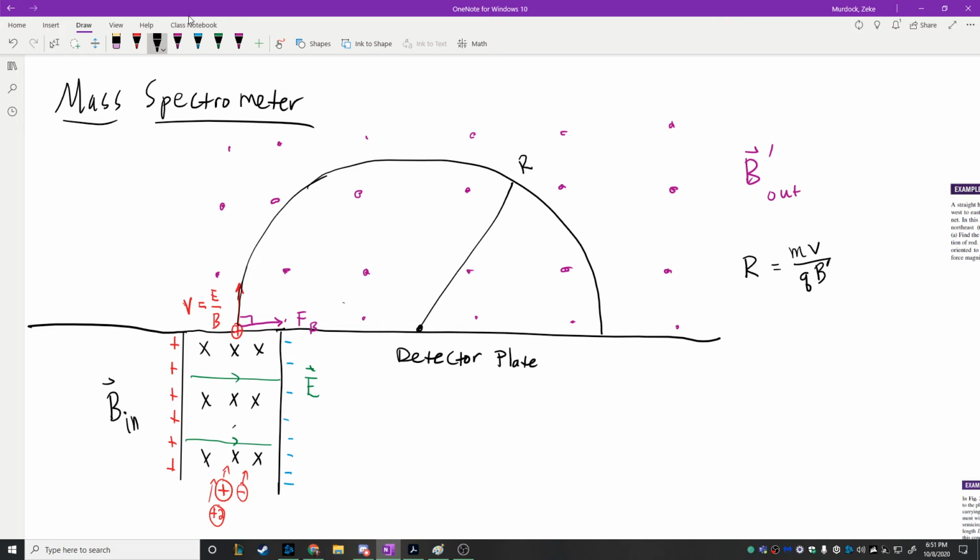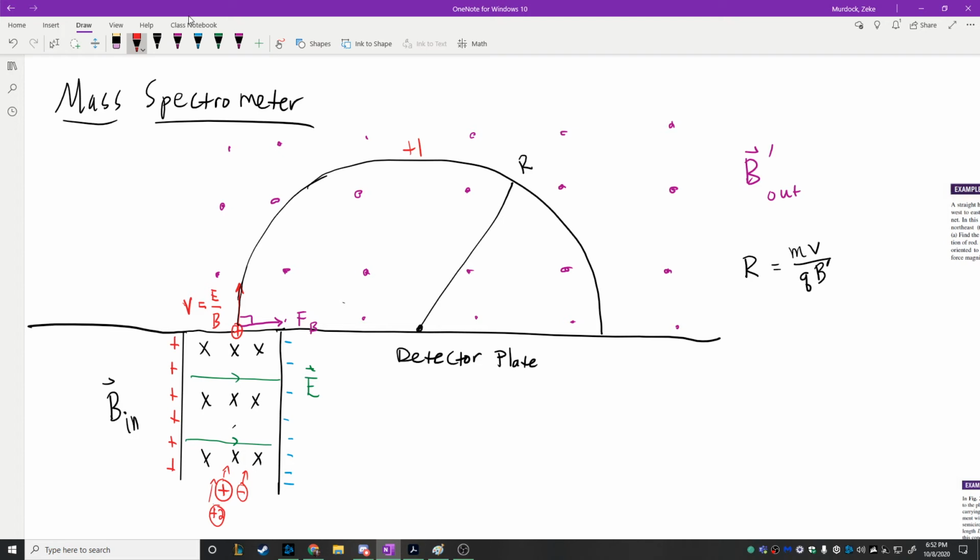Now, what if the particle had the same mass as this particle, but let's say it has twice as much charge? So let's say I have this particle and I give it a charge +1, and another particle comes up through here and it has a charge of +2. What kind of path would the +2 charge particle take? So we'll say this is for a +1 particle.